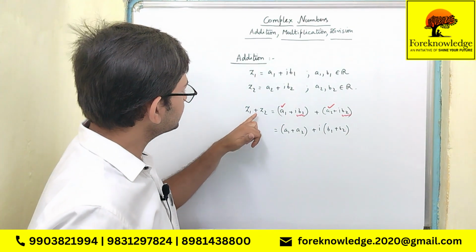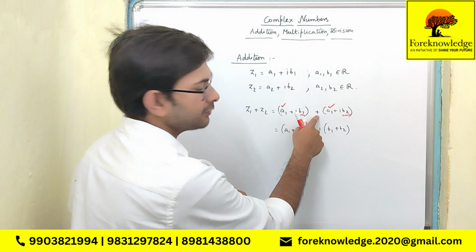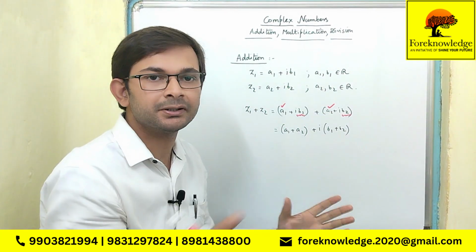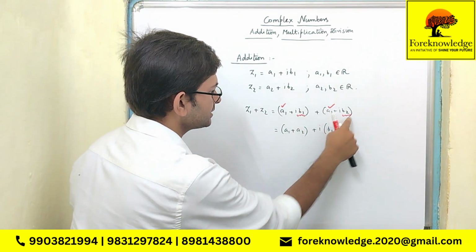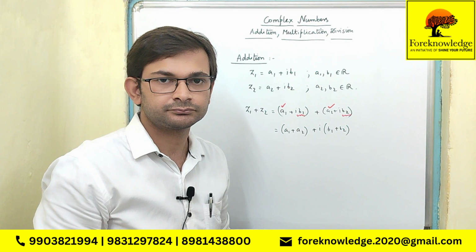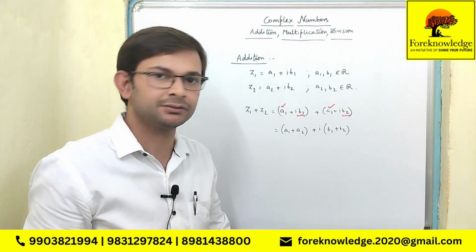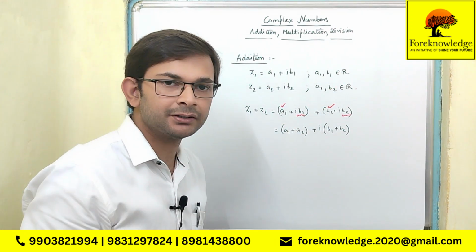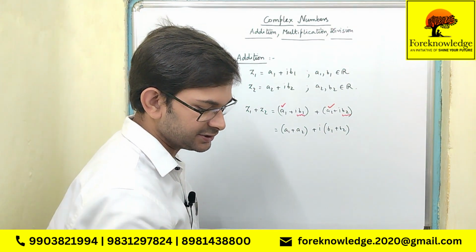If we change this plus to a minus sign, then a1 minus a2, the real parts will be subtracted, plus i times b1 minus b2. As simple as that. So addition and subtraction are not different. If you understand addition, subtraction is very easy.